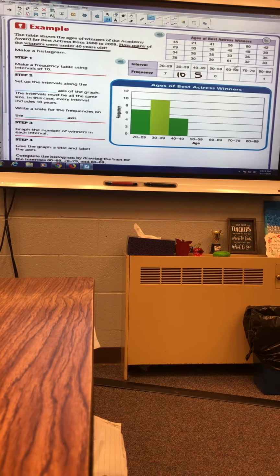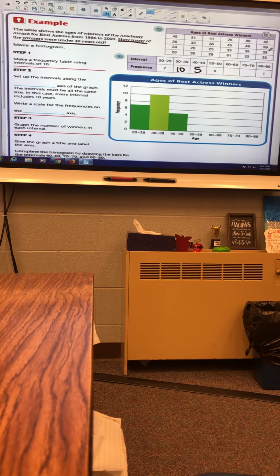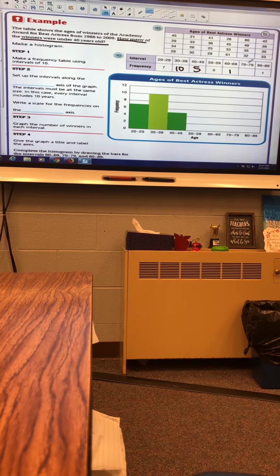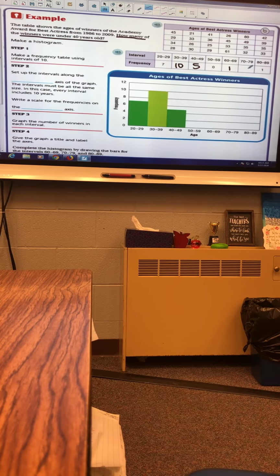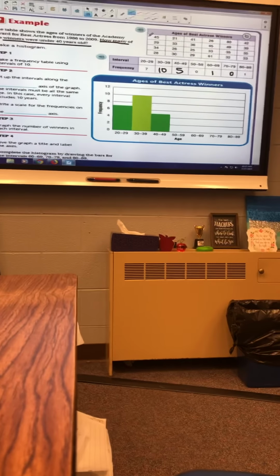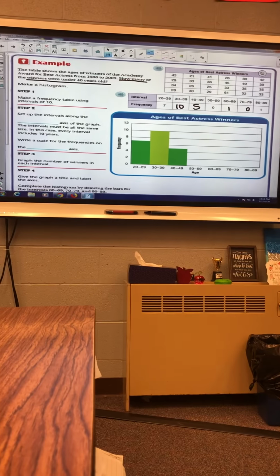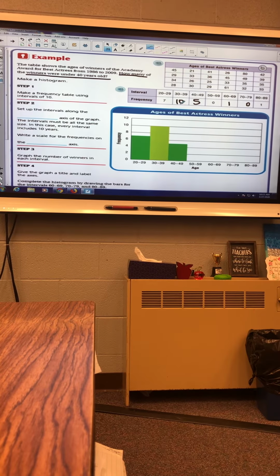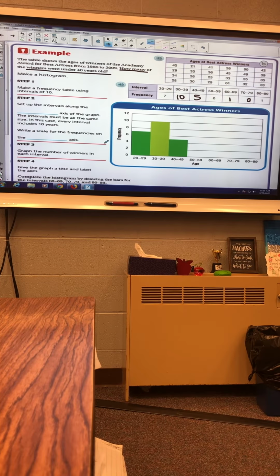We didn't have any of those. 60 to 69, I see 1. 70 to 79, I don't see any. Again, I want to make sure all my data is accounted for. There were, it looks like, 6 times 4, 24 observations. So I need to make sure that I have 24 frequencies. 7 plus 10 is 17, plus 5 is 22, 23, 24. So I have accounted for all my observations.